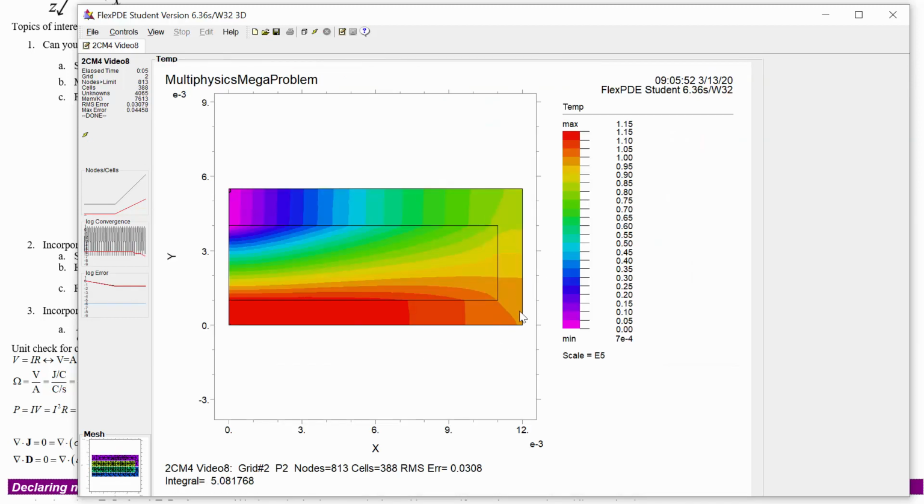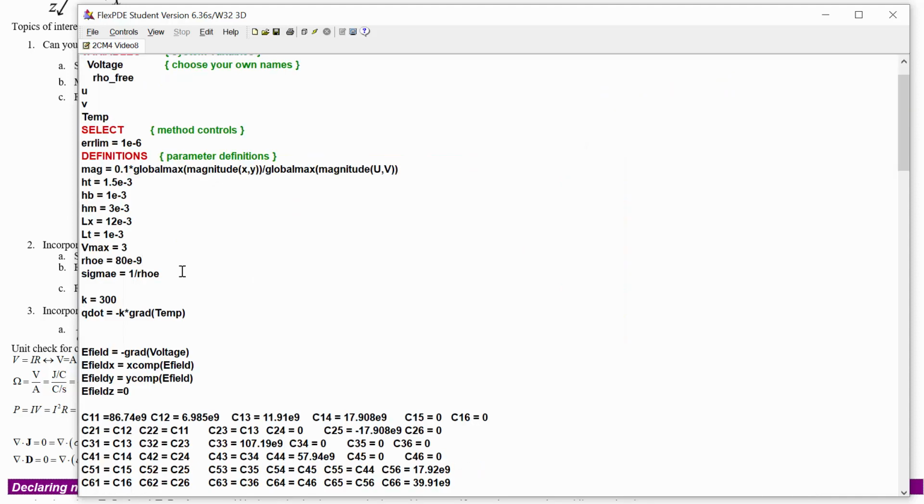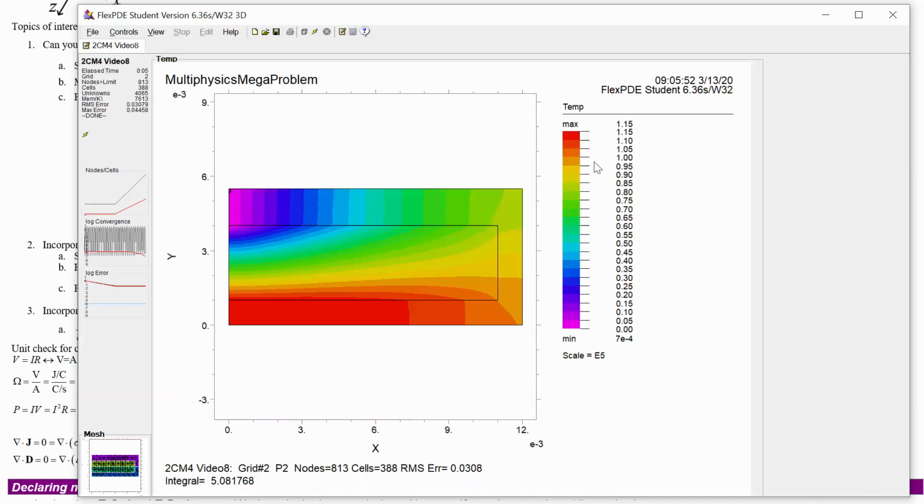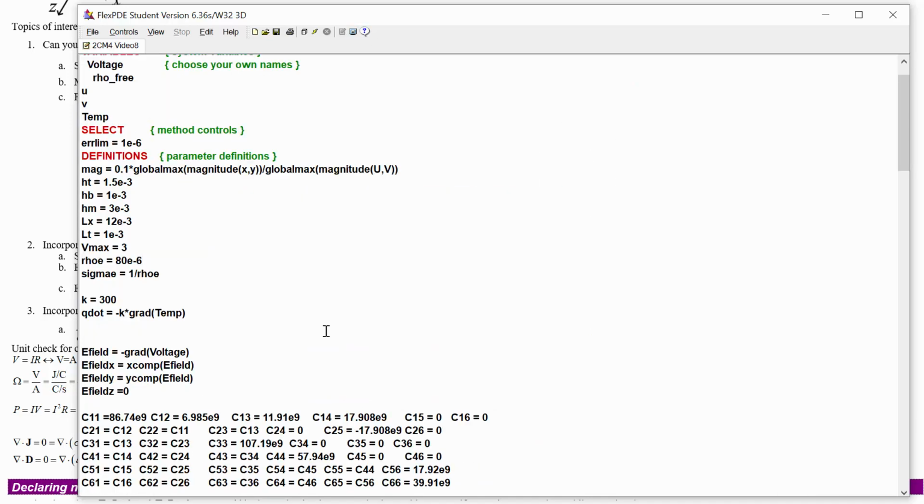It's proportional to the previous shape, except that the temperature is now 100,000 degrees instead of like 20 degrees. So a massive amount of power goes through if we change the electrical resistivity by a factor of 1,000,000, and it ends up changing the temperature by quite a huge factor as well.